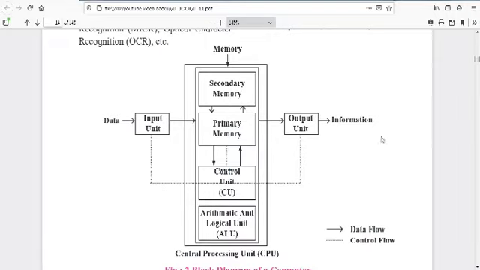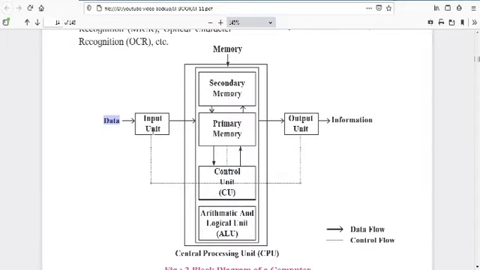This whole thing you can see in the diagram is together called as computer. What it has? Data. This is nothing but the input given by the user. This input will be given to the input unit. In this input unit, your keyboard, mouse, scanner, likewise devices will be present.